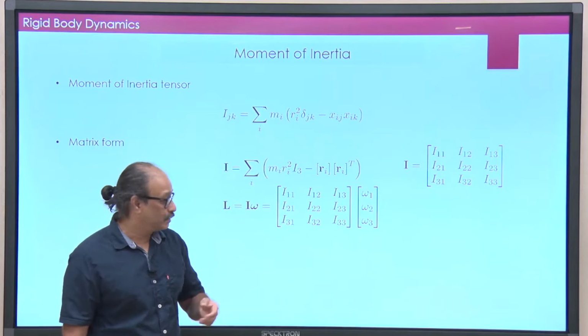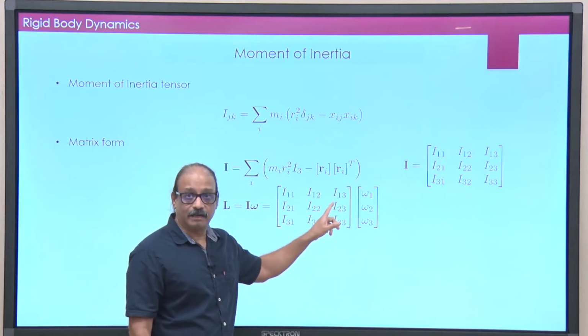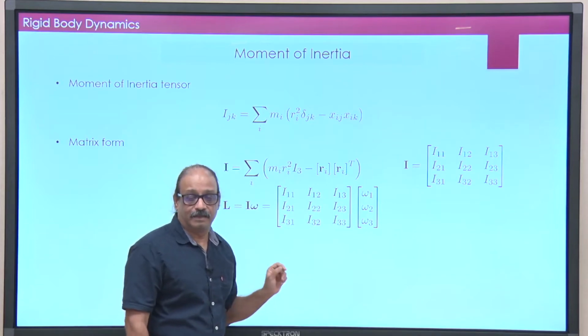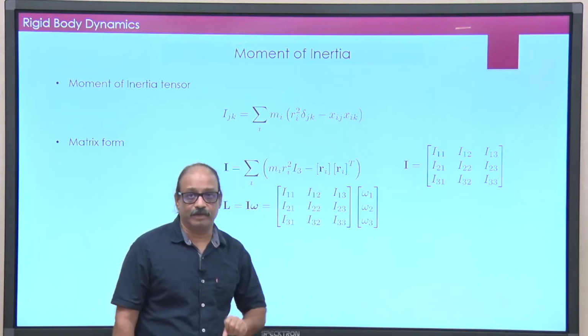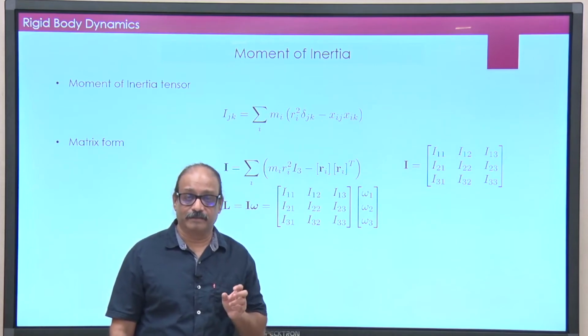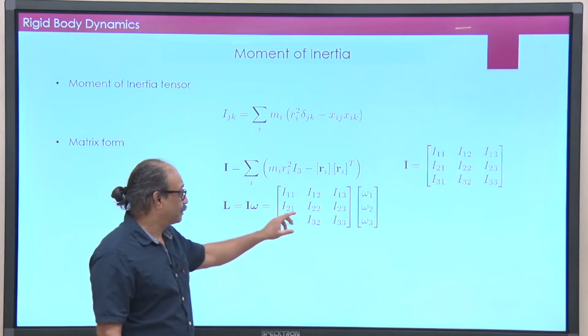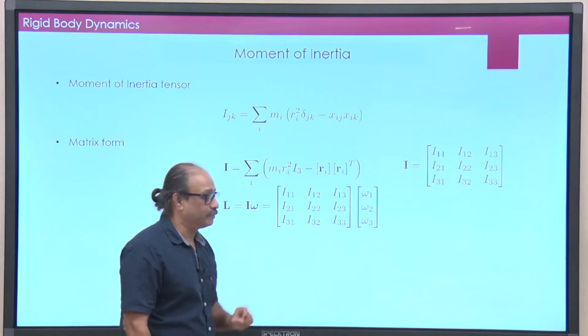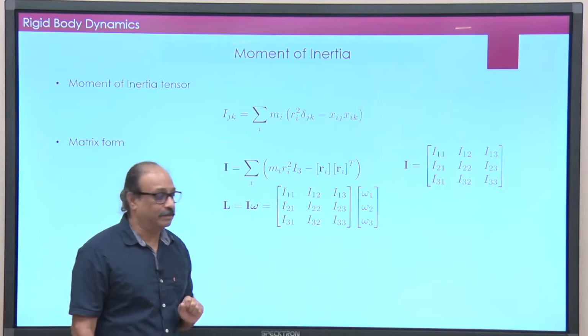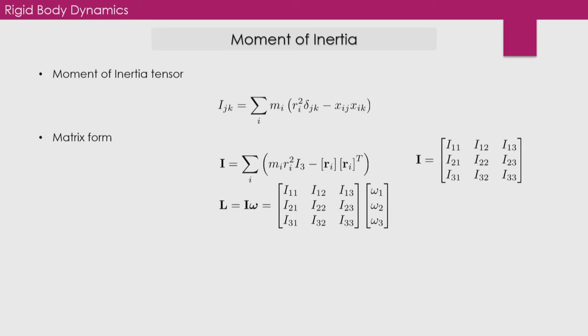In the same way, this is an intrinsic property of the body. But its components are not scalar like mass; it behaves like a tensor, with 9 components which change if you change the coordinate system, and if they change, there is a certain rule according to which these numbers change.